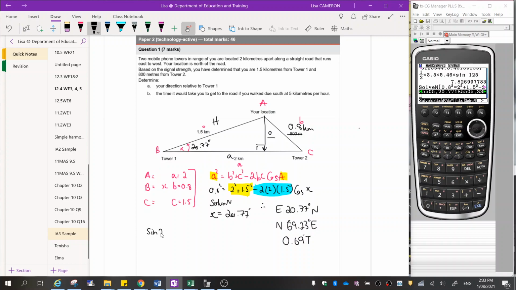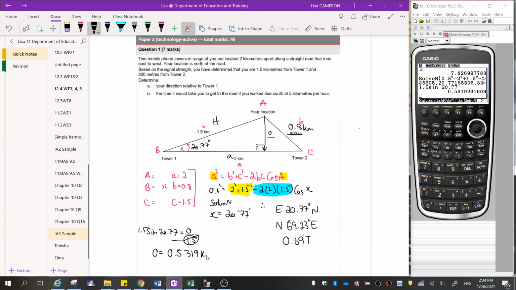So sine of 20.77 is equal to our opposite over the hypotenuse, which is 1.5, and then I'll take this up to the other side, cancel that out. So now 1.5 sine 20.77, the opposite side has a length of 0.5319.